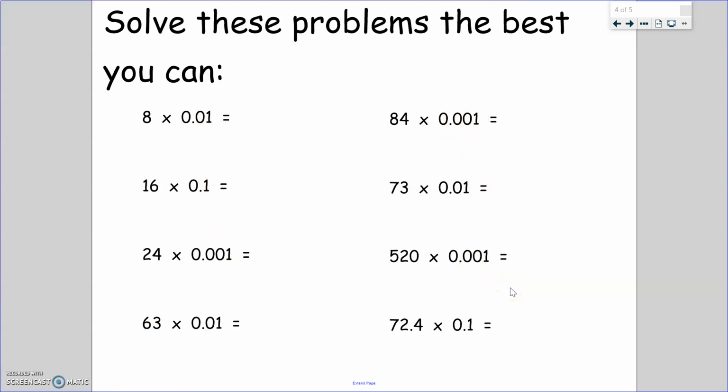So what I want you guys to do, in your notebooks or whatever, is go ahead and write these problems down and do your best to solve them, just like we talked about in the previous 3 practice problems. And once you have come up with your answers for all 8 problems, then go ahead and resume this video, because in about 3 seconds here, I'm going to skip to the next page and show you the answers to these problems so that you can do some self-checking.